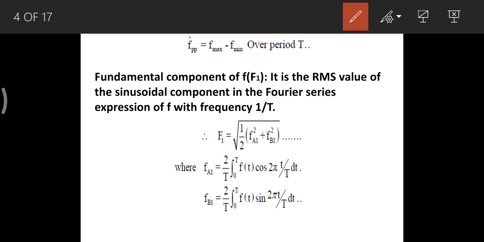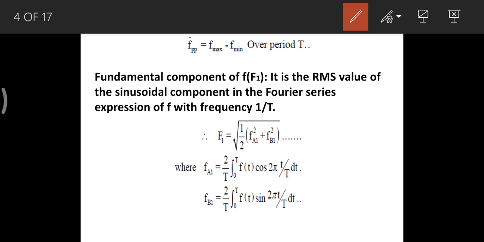See here, we consider the output and find the maximum value minus the minimum value. Ripple peak to peak means we have to consider the ripple values. Okay, that is about the ripple factor.